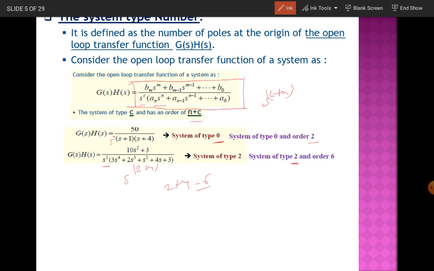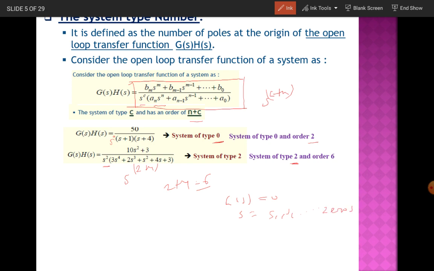So how do we find the poles? Normally, in the given transfer function model, the numerator polynomial equation equal to 0, that is, G of S equal to 0, solving for S will give the zeros of the system.